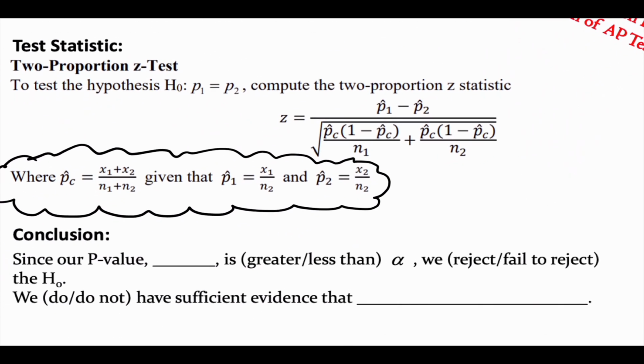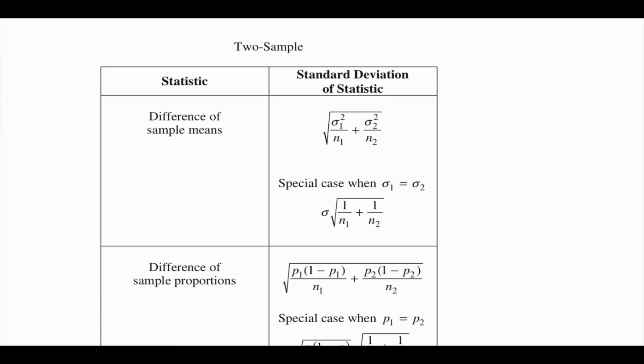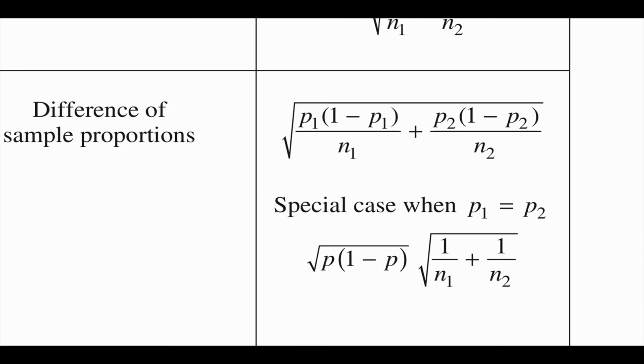Okay, so here's our test statistic. The bottom should look familiar. Besides the C, it's the same one we used yesterday, right? It's this guy, right? But instead of 1 and 2, we use C, the pooled one.